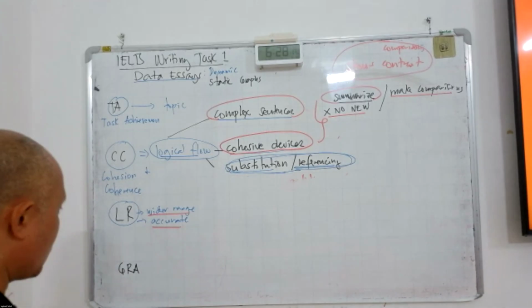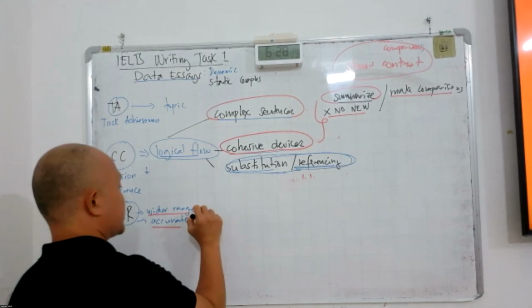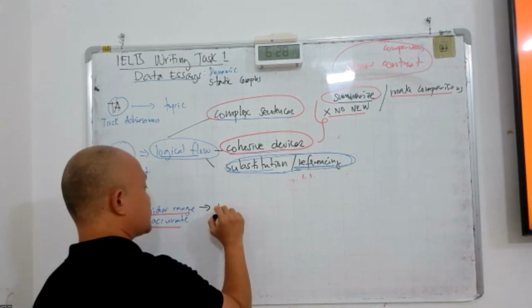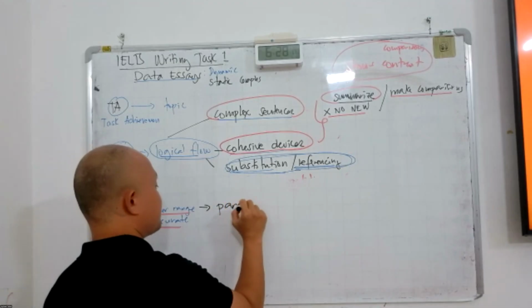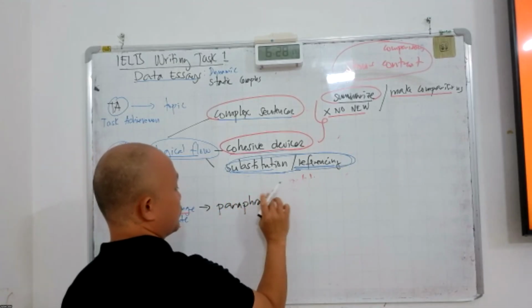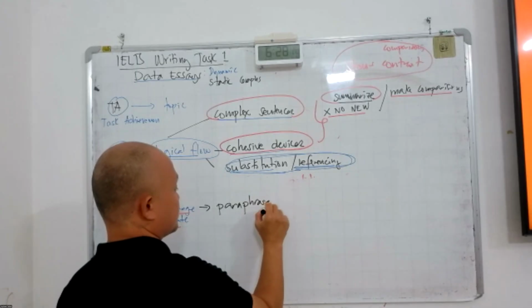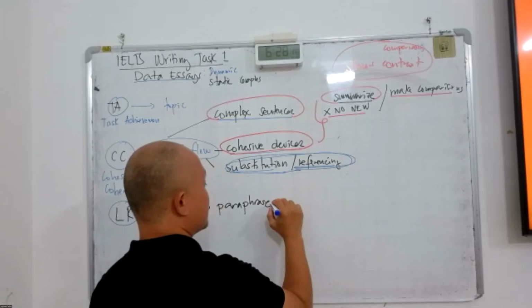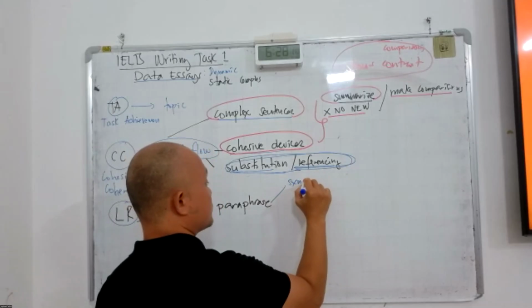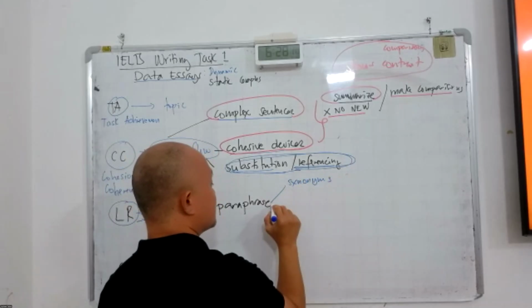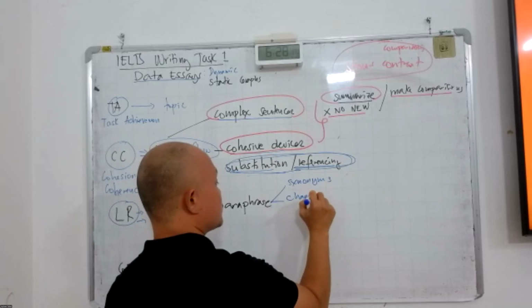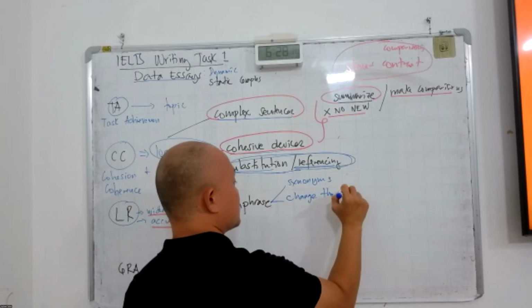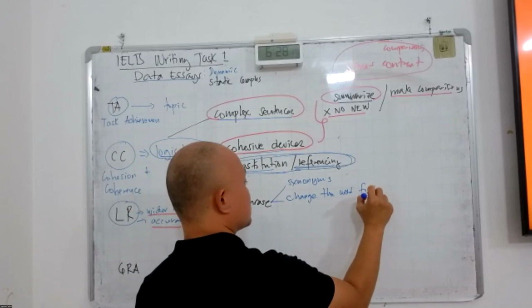So what do we mean by a wider range of vocabulary? That simply means effective paraphrasing. So when we paraphrase, this means that the candidate can effectively use synonyms or can change the word function.